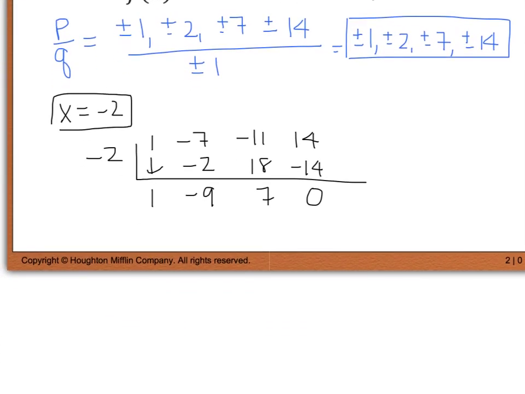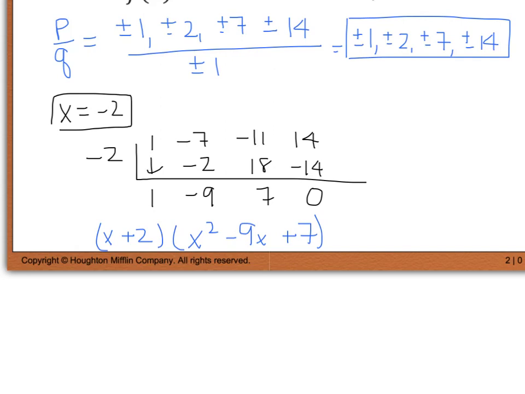So what that tells us is our factors are x plus 2 times x squared minus 9x plus 7. Well, I don't have factors of 7 that will add or subtract up to give me 9, so I know that I can't factor that.